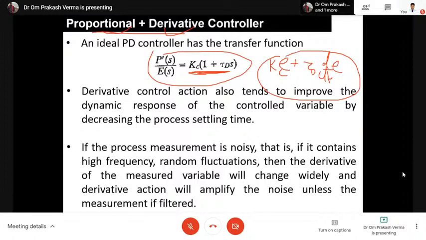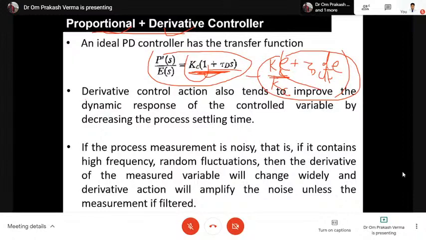When you solve this, taking Kc as common, we can write it like this: the gain Kc and (1 plus tau d s). This is the transfer function for the PD controller.